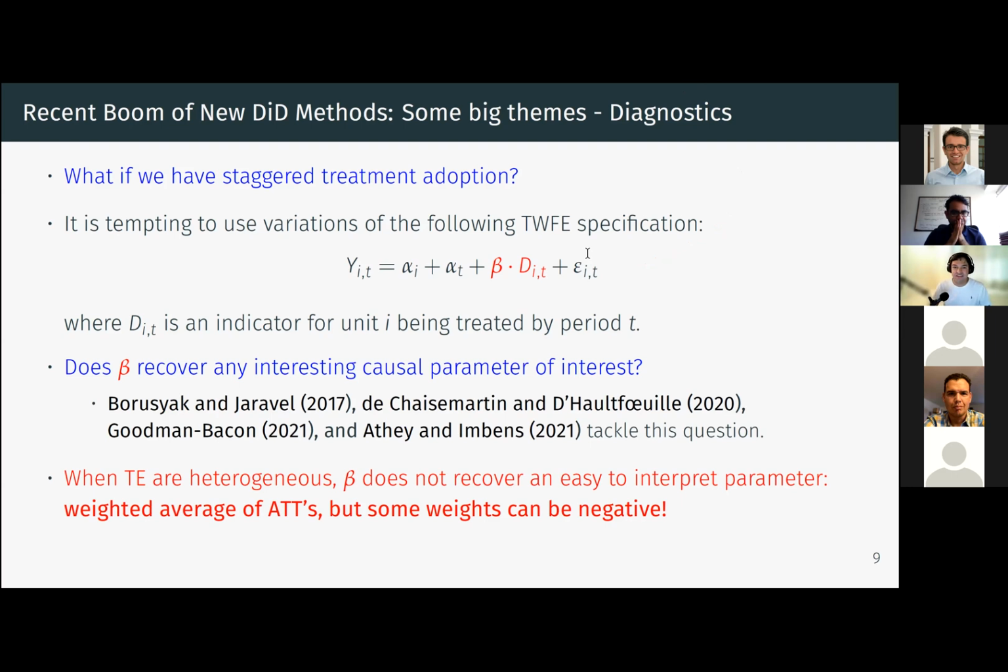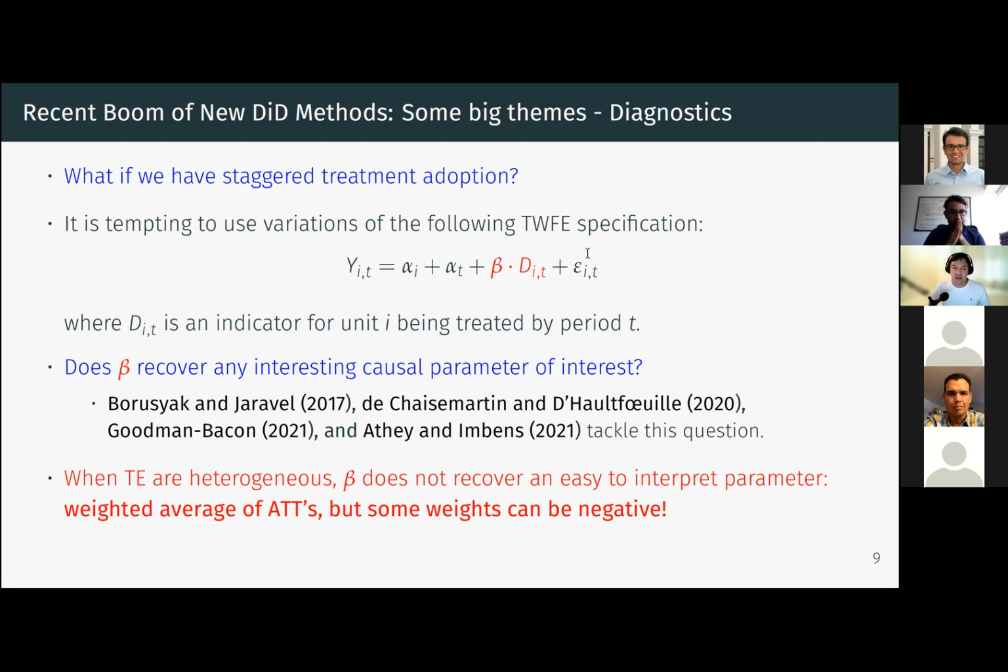So this is the question we're going to try to answer at the moment. In a world with heterogeneous effects, and heterogeneity here can be with respect to dynamics, or also with respect to different units having different effects, in that world, what does beta recover?